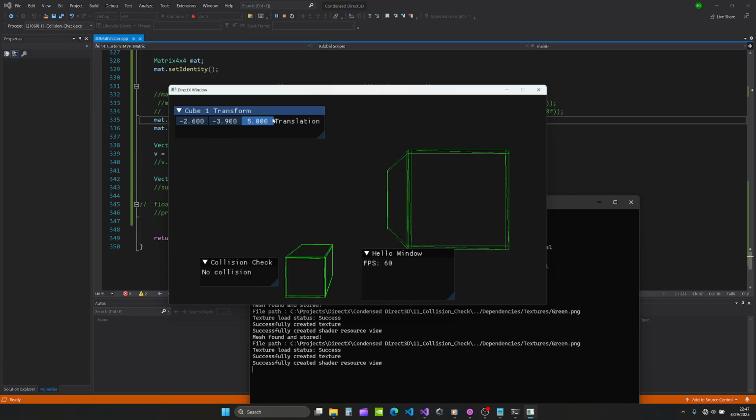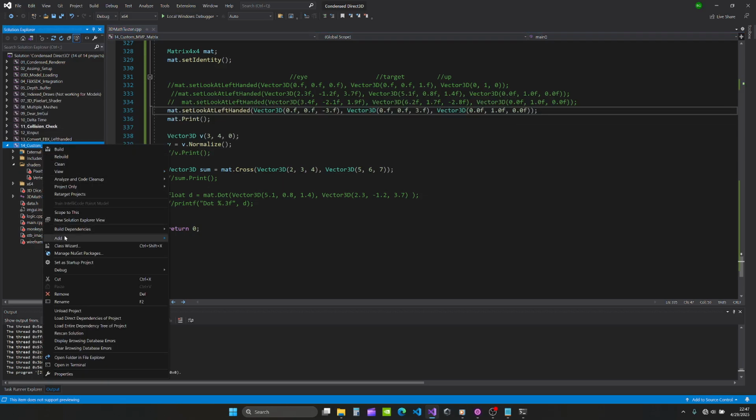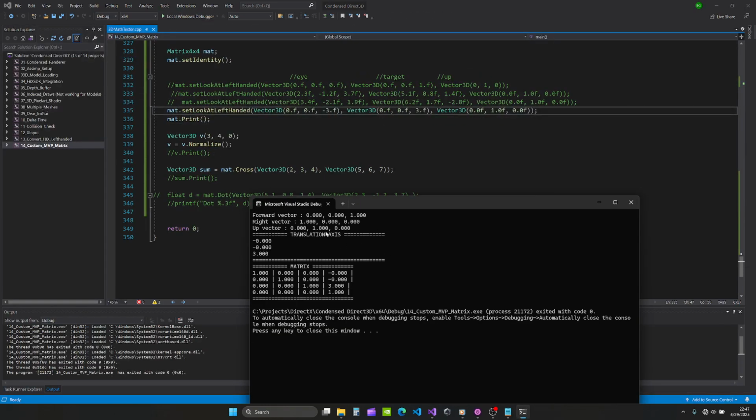So you have the Z being positive going forward in the left-handed perspective, and going back to the matrix output console, the math seems to add up. This custom function for calculating it seems to add up because this line right here at the top is believed to be the right vector, and the one in the middle is believed to be the up vector.